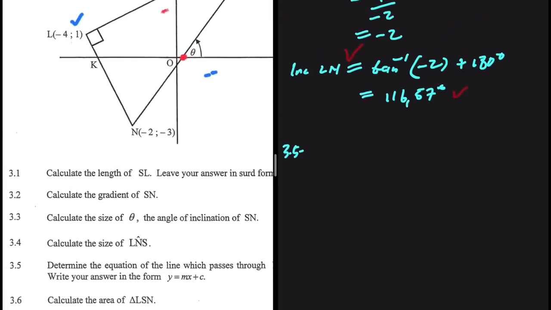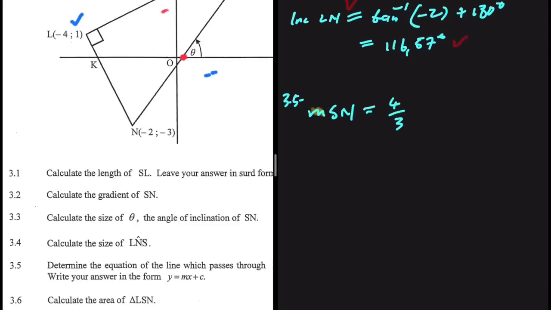Yes, I calculated the gradient of SN in 3.2. It was 4 divided by 3. So the line I'm interested in will have a gradient of 4 divided by 3, so y equals 4/3 x plus c. Parallel lines have the same gradient.